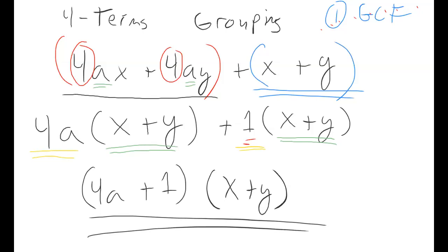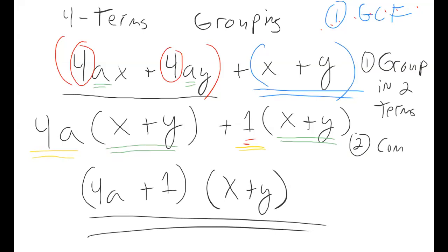So how do we do grouping? Step 1, group in 2 terms, right? Group everything into 2 terms. Step 2, find the common factor per group.